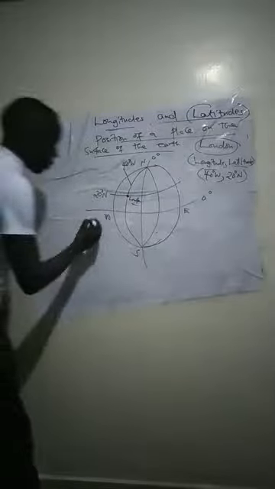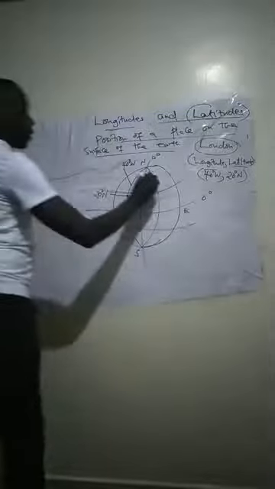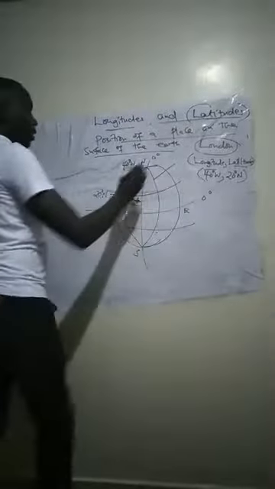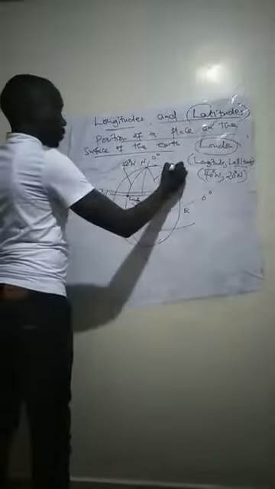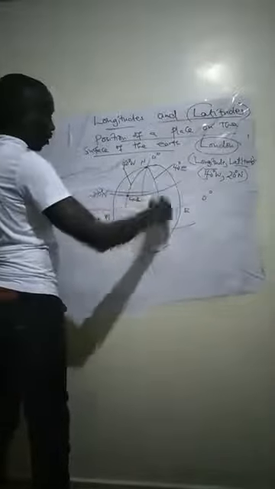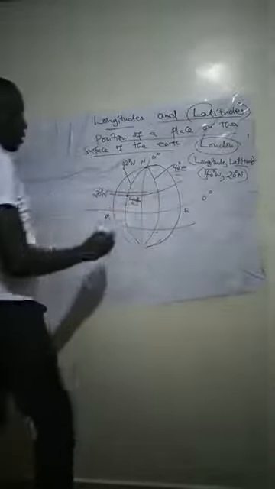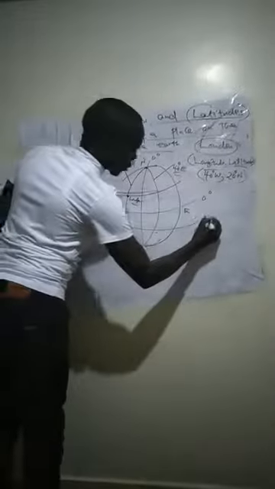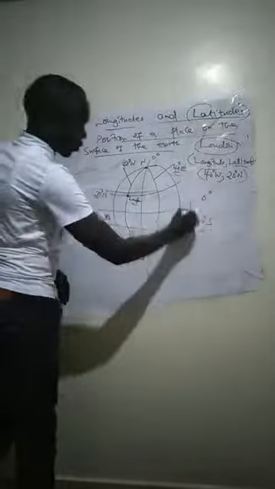Let's take another example here and say this one is to the eastern side. Give it 40 degrees east. You notice that it originates from the same point as the other one, and give this one as 10 degrees south, which is the southern part of the equator.